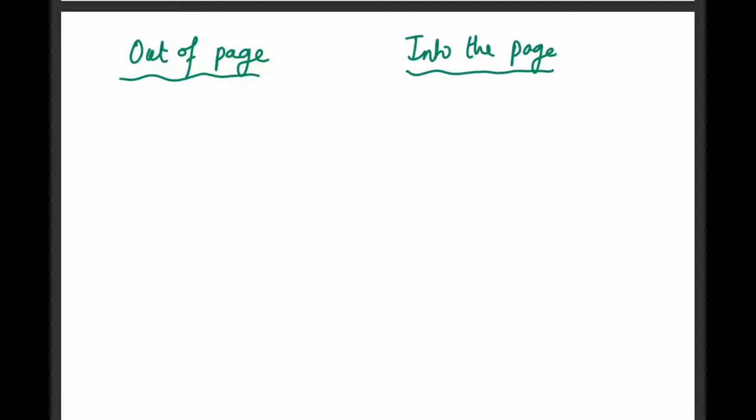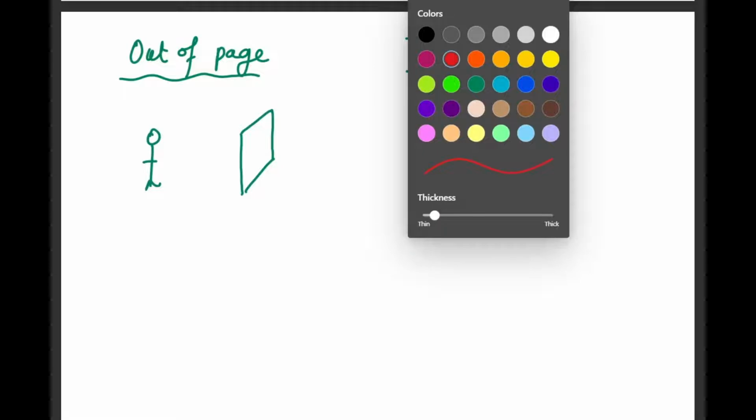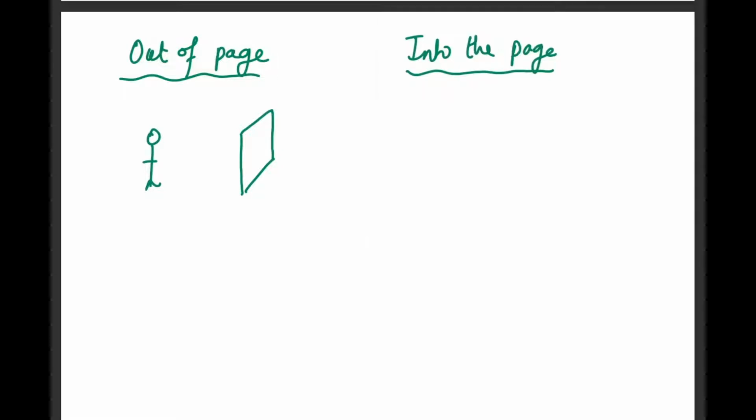Let's try to understand the perspective. So let's say the laptop screen or the mobile phone screen that you have right now in front of you, this is that screen and you're standing at this point. So if the North Pole was placed at this point behind the screen and the South Pole was placed behind the observer, the magnetic field would appear to be originating from the North Pole and traveling towards the South Pole.